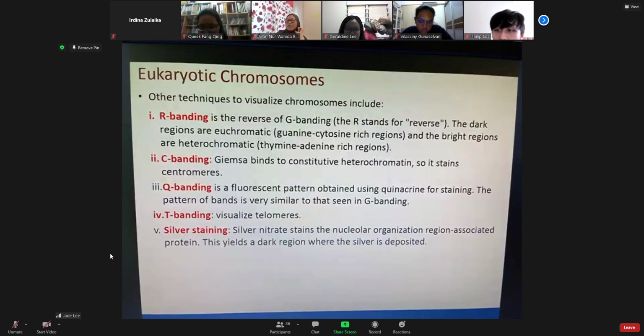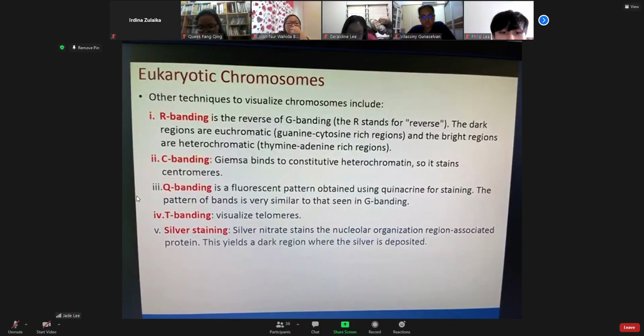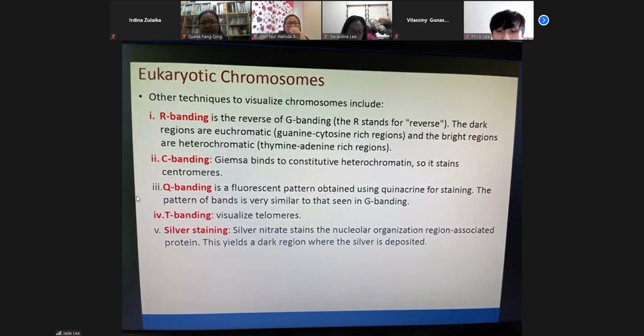Okay, so other techniques to visualize chromosomes include R banding. R banding is the reverse of the G banding. You do the reverse. So the dark regions are euchromatic, which is guanine, cytosine, a GC-rich region, and the bright regions are the heterochromatic, which is thymine, adenine rich.